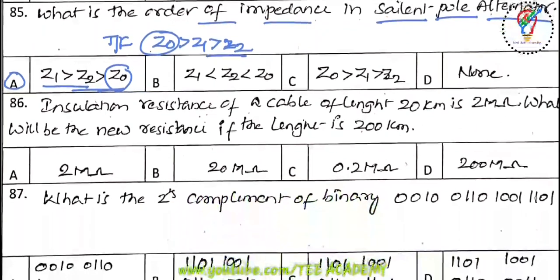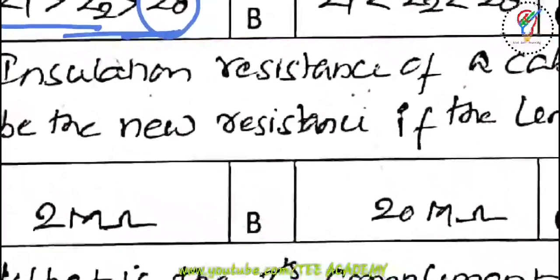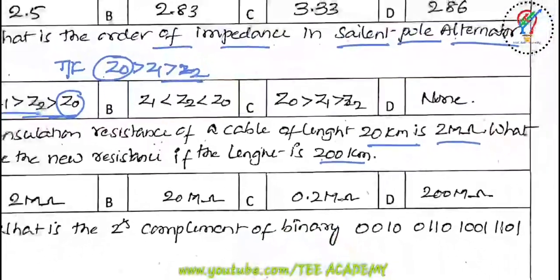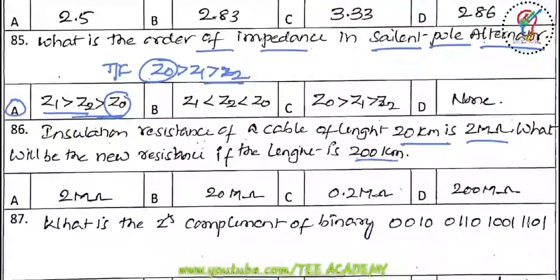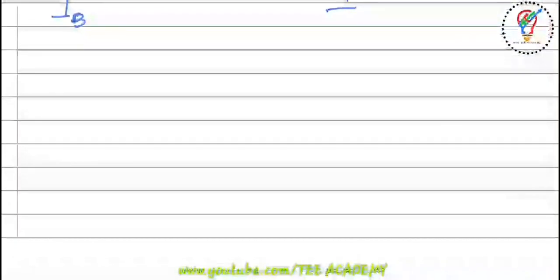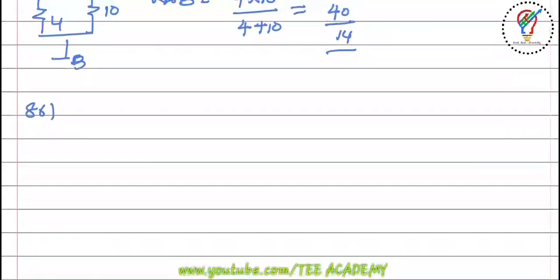Next one, the insulation resistance of a cable of length 20 km is 2 mega ohms. What will be the new resistance if the length is 200 kilometers? This is question number 86. The insulation resistance R is inversely proportional to length.